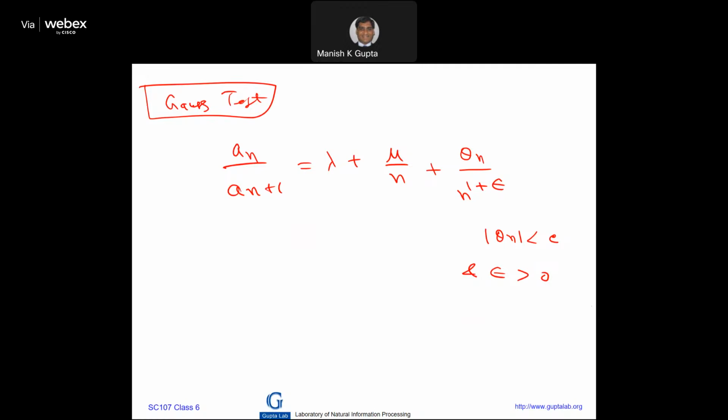This is the condition. If a_n by a_(n+1) is something like this, C is a constant by the way, then the series sigma a_n converges if lambda is greater than 1, diverges if lambda is less than 1, and there is some condition on mu also.